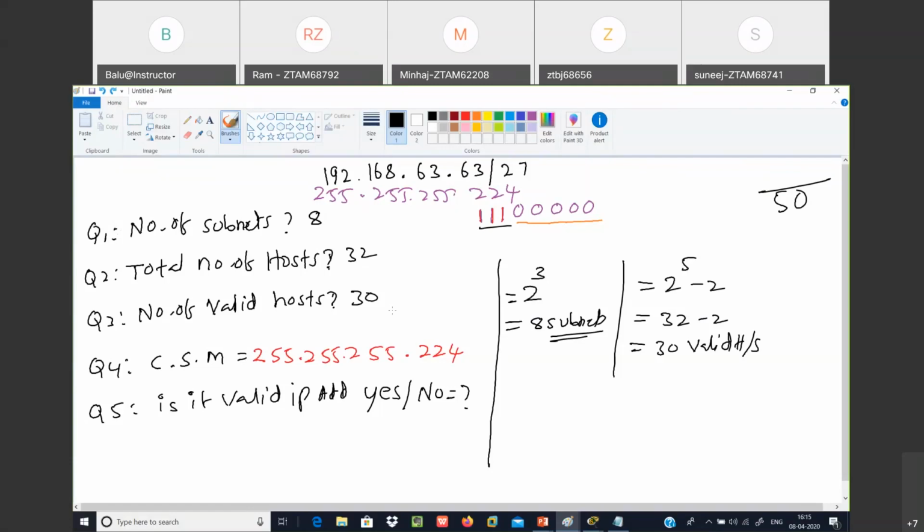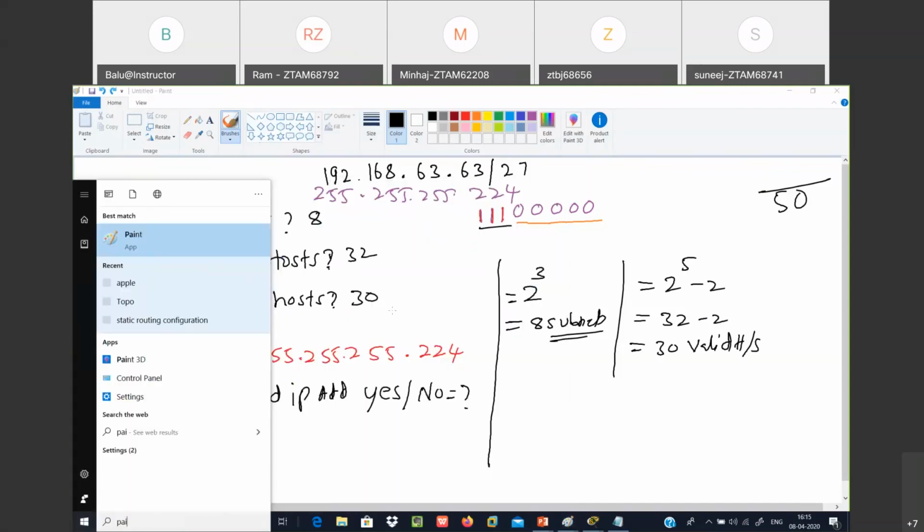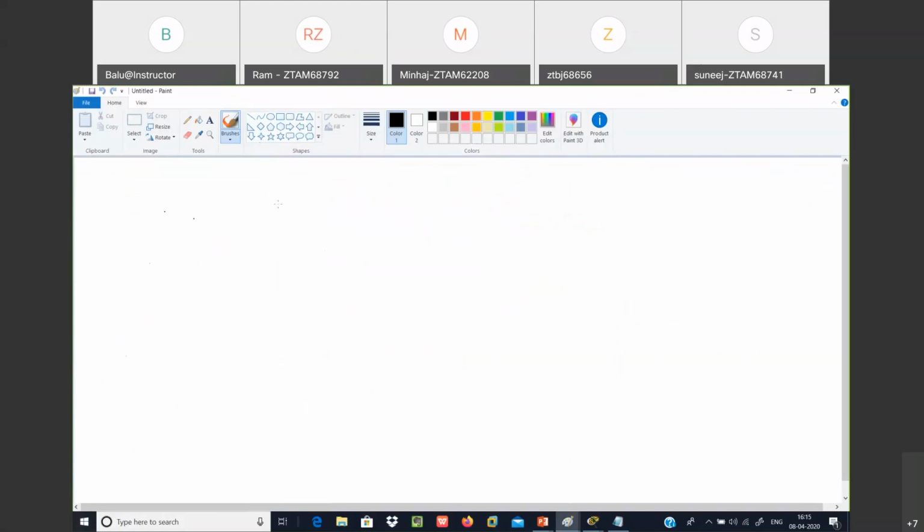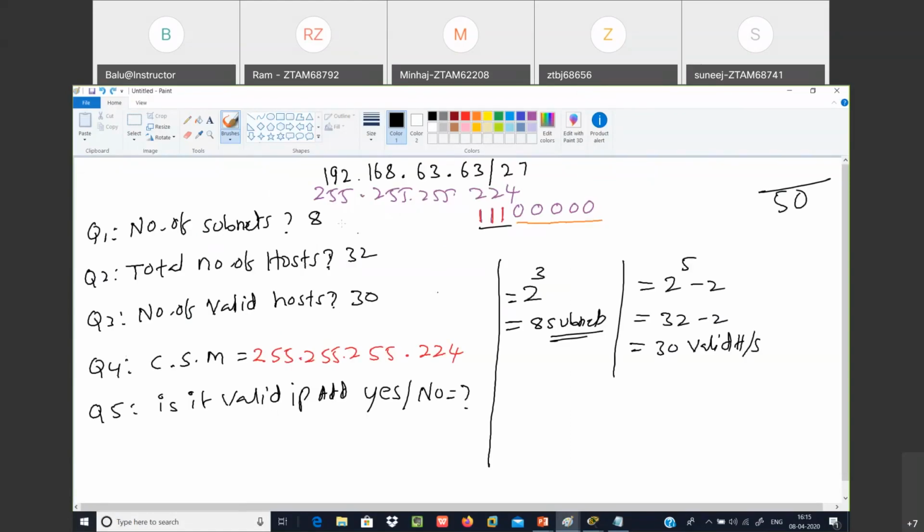Let me explain here. The example is 192.168.63.0. How many host bits are there? What is the least converted bit?